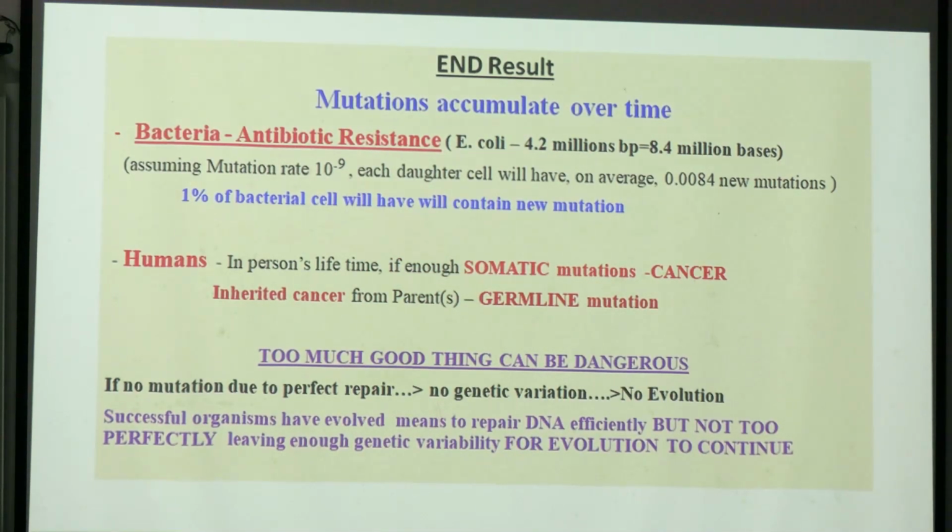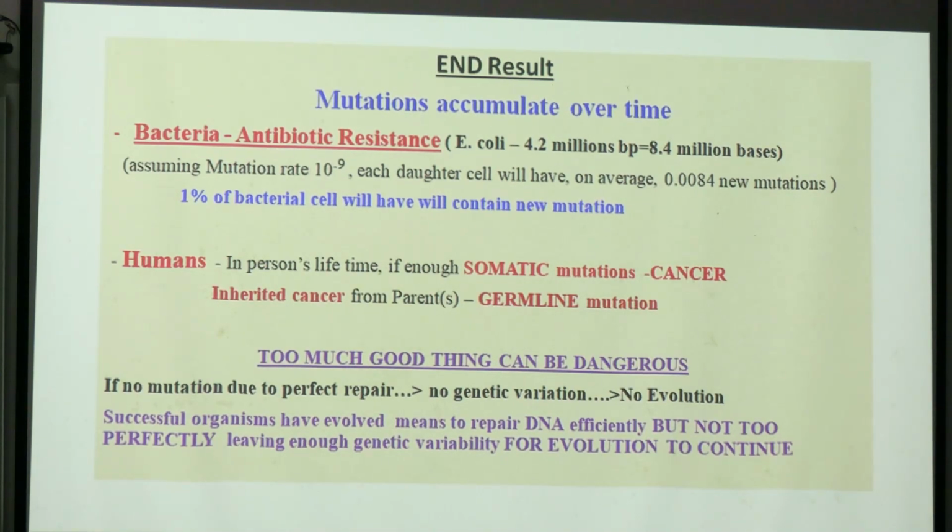So what is the end result in bacteria? If there is a mutation, bacteria will develop antibiotic resistance, because we are trying to kill the bacteria, or prokaryotes, and they are trying to survive. So they evolve mechanisms through mutations to survive.